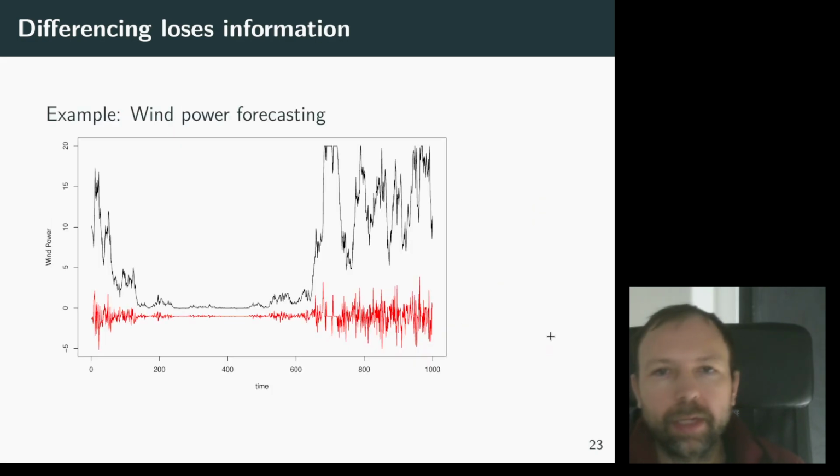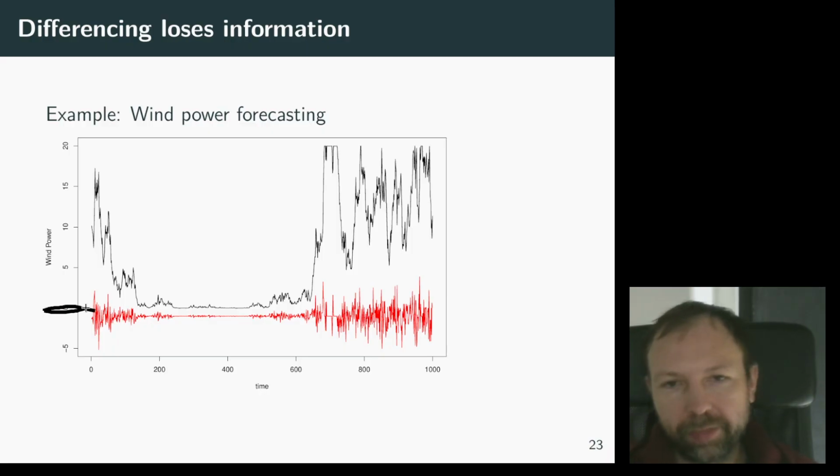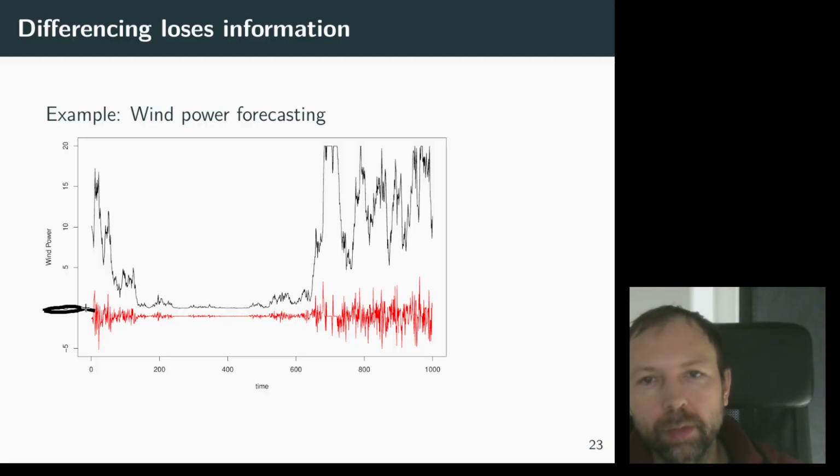As I said, differencing loses information about the scale. Here I have an example. Let's say we do wind power forecasting. This is the power production of a single wind turbine. If there's no wind, it will generate 0.